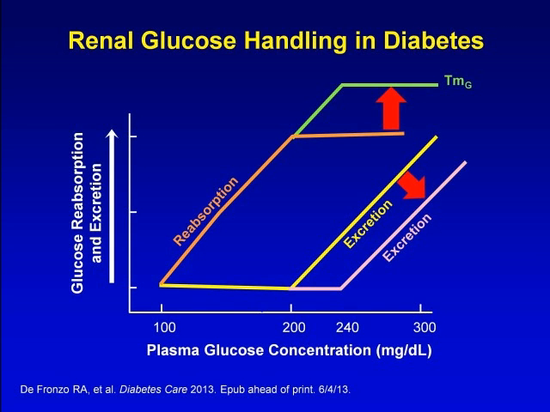So the ability of the kidney to retain glucose is largely increased. The tubular maximum of glucose reabsorption is highly increased in diabetes. This causes a worsening of the high blood sugar, or plasma glucose concentration. It prevents excess glucose from being excreted.